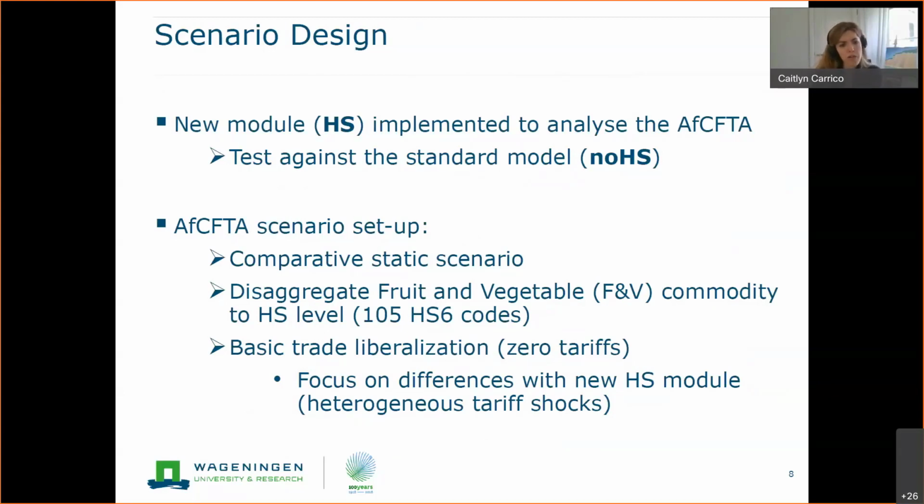And of course, we have our AfCFTA scenario set up. We do really an illustrative scenario, so we don't have as much detail, for example, as the other scenario does. So we're doing a comparative static scenario.